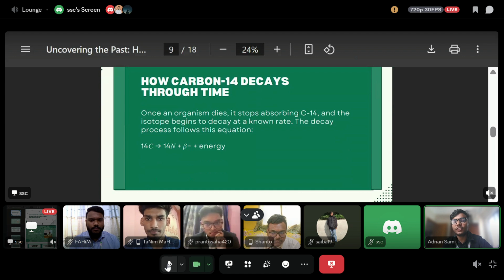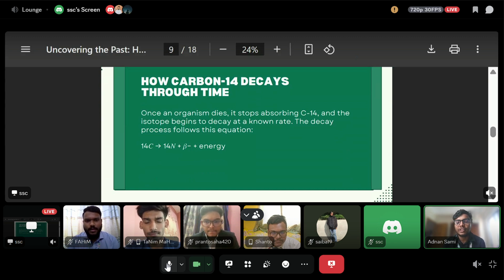The decay process follows the equation: carbon-14 to nitrogen-14 plus a beta particle and energy. This means that over time carbon-14 is converted into nitrogen-14, releasing beta particles and energy. This predictable decay allows scientists to measure how much carbon-14 is left in a sample and determine its age.